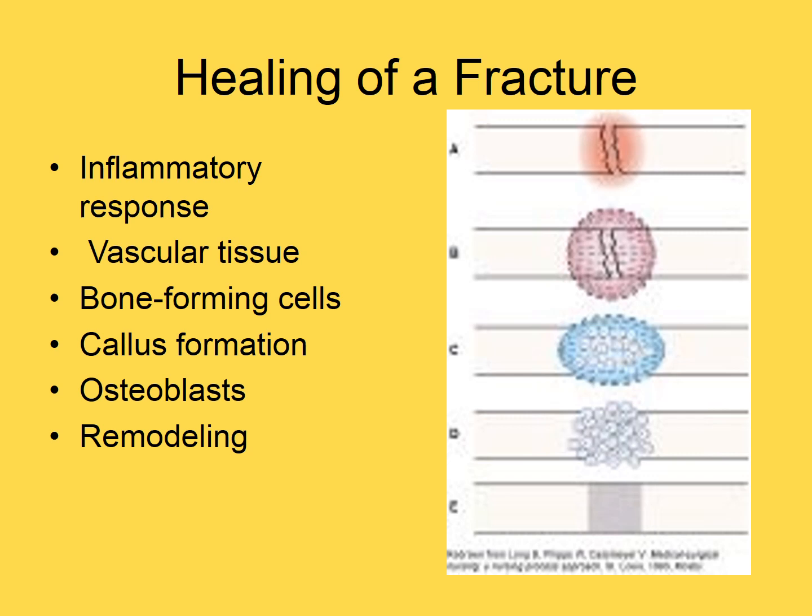The osteoclasts continue with this callus replacement, and then the remodeling occurs, in which the periosteal and the endosteal surfaces of the bone are remodeled to the size and shape of the bone before the injury. Next slide.